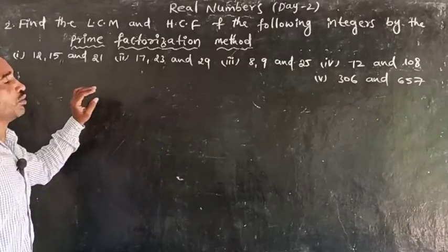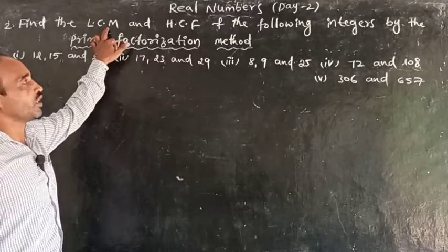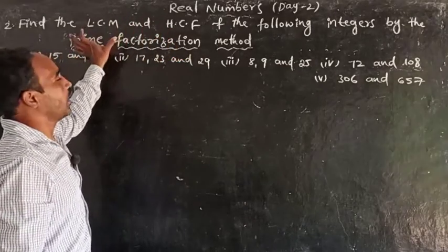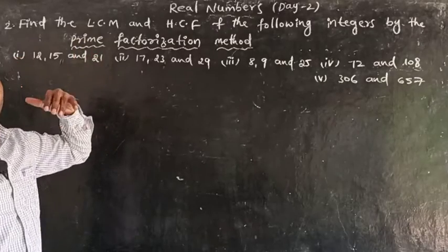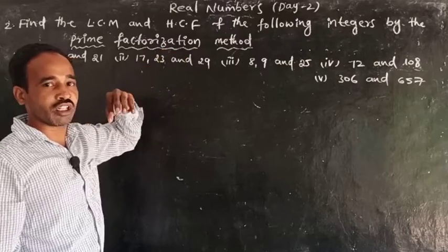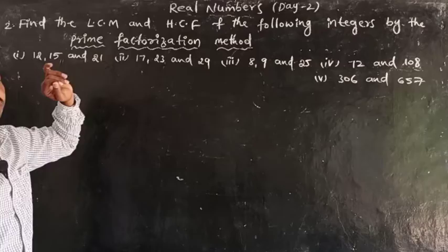Now we are learning how to find the LCM and HCF. There are 2-3 methods to find the LCM and HCF, and here we introduce one of them, the prime factorization method.